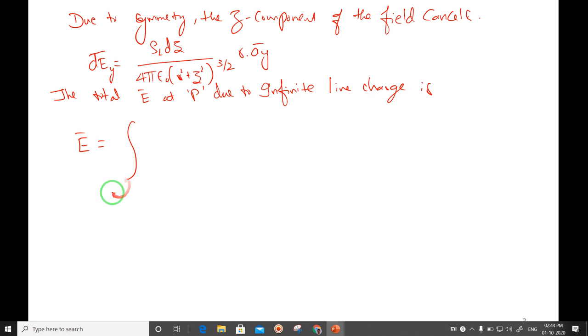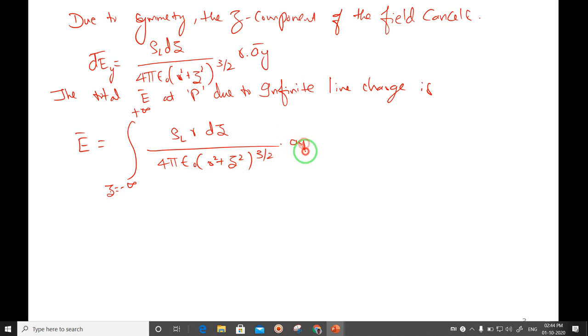So line integral from z equal to minus infinity to plus infinity of rho l into r into dz divided by 4 pi epsilon naught, r square plus z square whole to the power of 3 by 2, into this unit vector, which I will associate and write. Is it fine? Yes, this is fine. Then I want to integrate. After integrating, I will get the final expression for E.